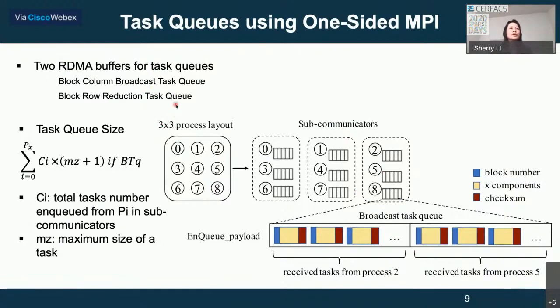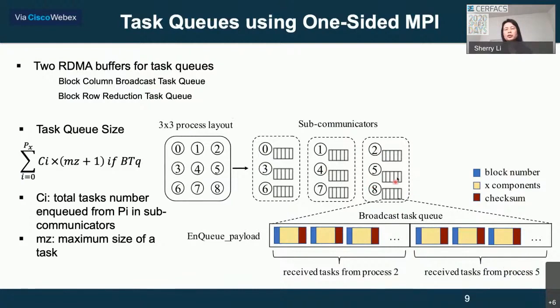It's the reduction operation. So in this picture, it's a 3x3 process layout. And then we have 3 subcommunicators, a vertical subcommunicator and a horizontal subcommunicator. So if you look at process 8, from this point of view, its queue is divided by messages coming from different processes. It could come from process 2, or it could come from process 5. So 8 will not need anything from process 4.